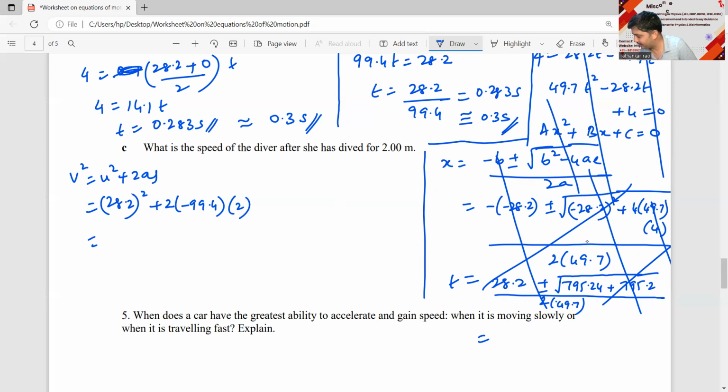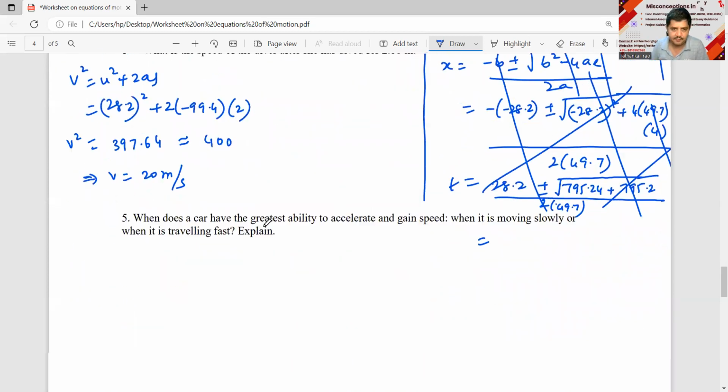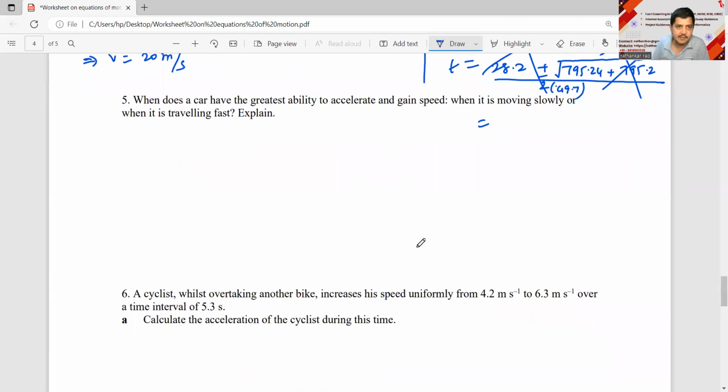I get the answer as 397.64. v square equal to 397.64, close to 400. So v should now be equal to 20 meter per second. What was the initial velocity? 28.2. Now it is reduced to 20 meter per second. Works well.